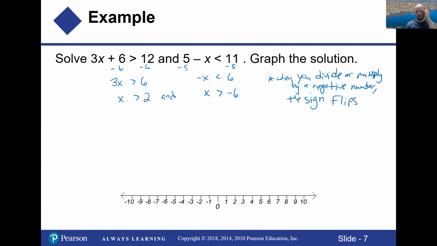And I mean the inequality sign, okay? And also, I mean here, the 6 turned into a -6, obviously, because we divided by -1, right? So notice the sign flip here from less than to a greater than.